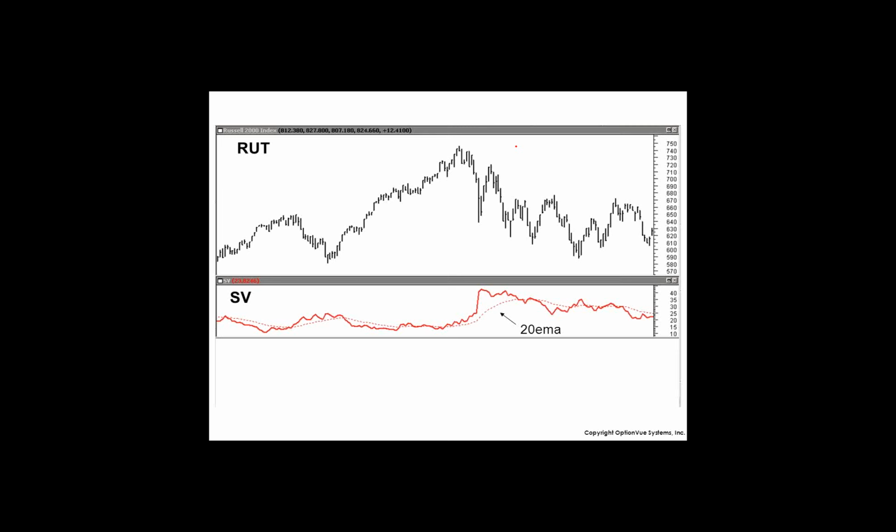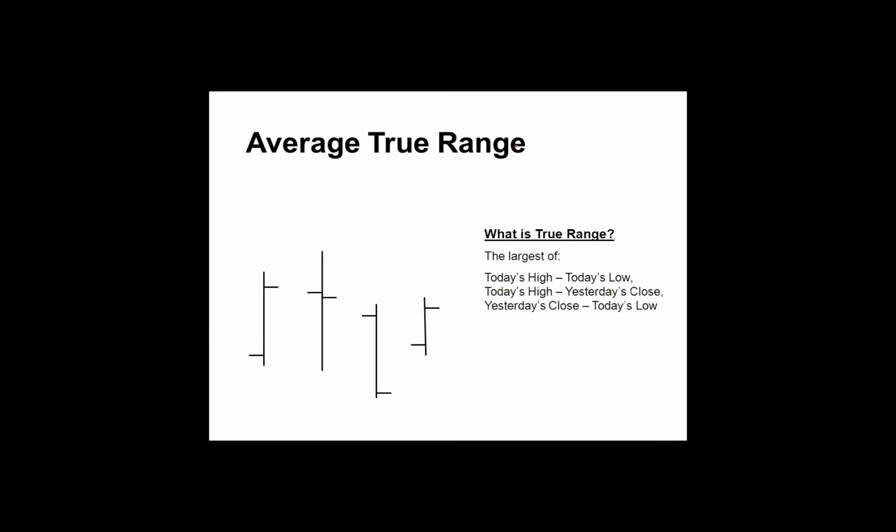What's easiest, and it was easiest in OptionVue to program in, because we now have this indicator I'm going to show you in the program, is the concept of average true range. This is a wonderful surrogate for statistical volatility. I think it's better than historical volatility.